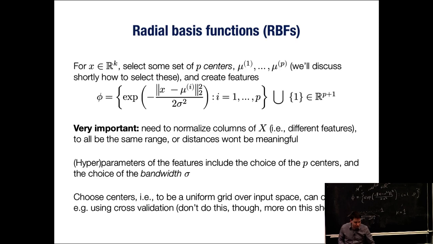Now the reason you might do that is that these features can encode functions that are smooth in the input space. Again, this is something you have to explore a little bit and see.